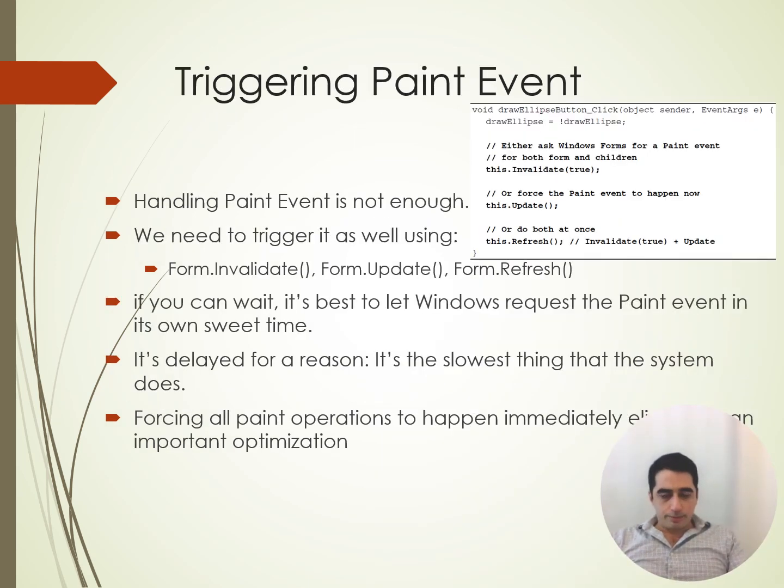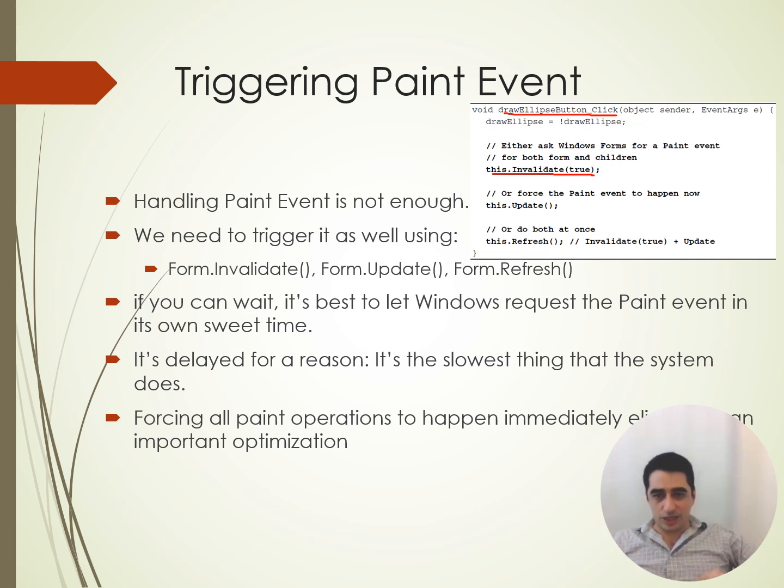After you handle the Paint event for the form, you should also trigger that event by doing one of the following methods. You can either call Invalidate. For example, let's say if the user clicks on the draw ellipse button, you can say this.Invalidate(true), and this basically gives the Windows form a heads up that this drawing is not valid anymore.